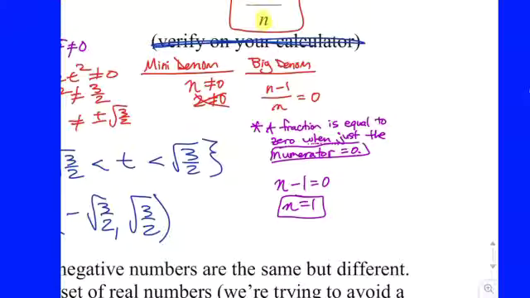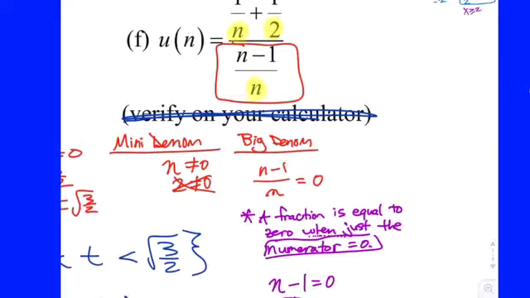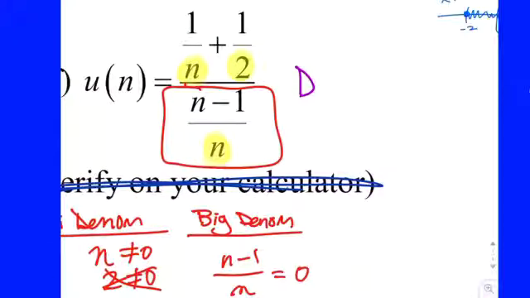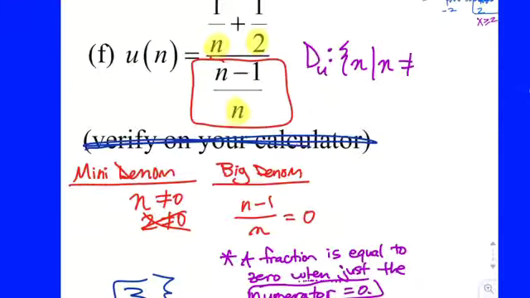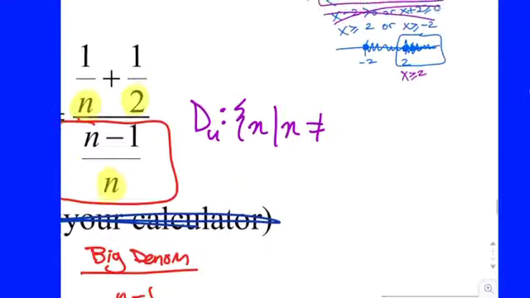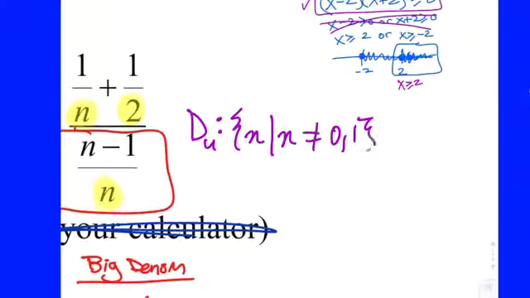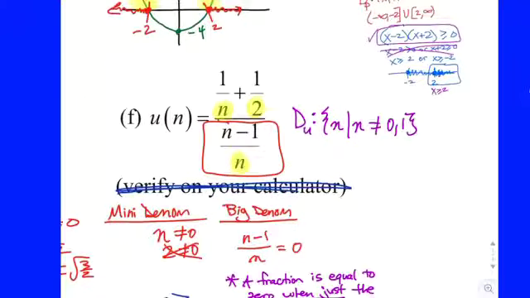Yeah, just 1 and 0, and we've already tried them out. So to write our domain here, we'll say the domain of u, that's the passive voice, right? We should just say your domain, that's a different class, is the set of all n such that n ain't, and you could just list them, 0 and 1, 0, comma 1. There you go.